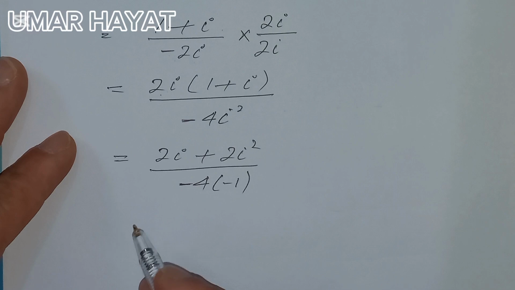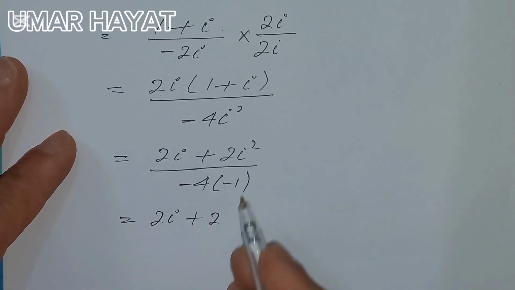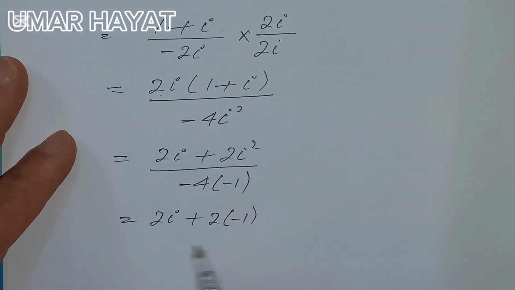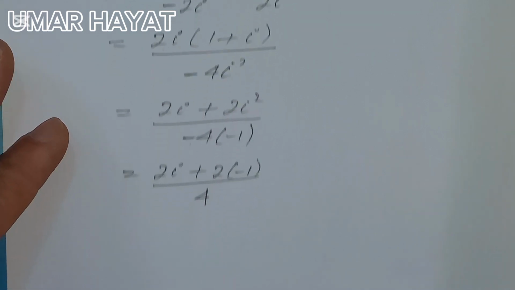And in the next step 2 iota plus 2 iota square, and here once again replace iota square by its value, minus 1, and in denominator minus multiply minus, the answer is plus 4.